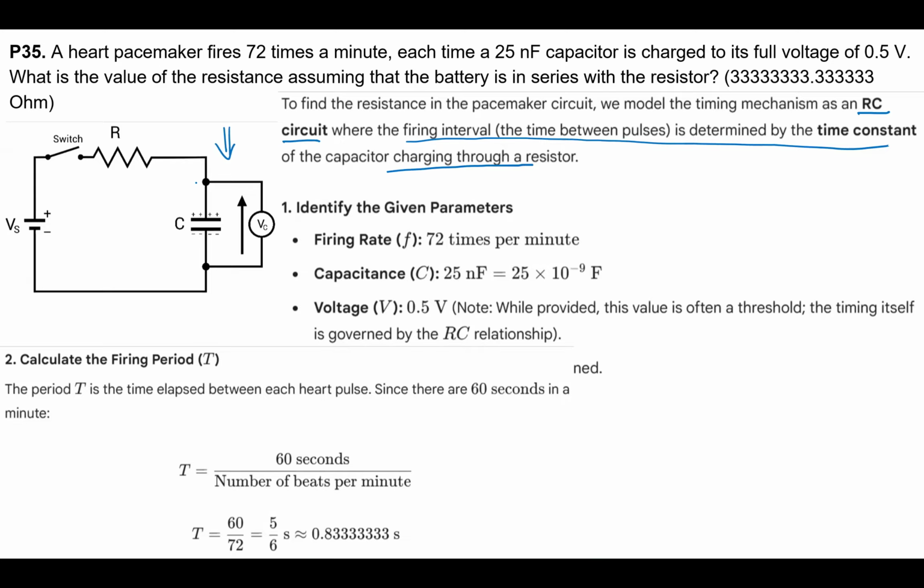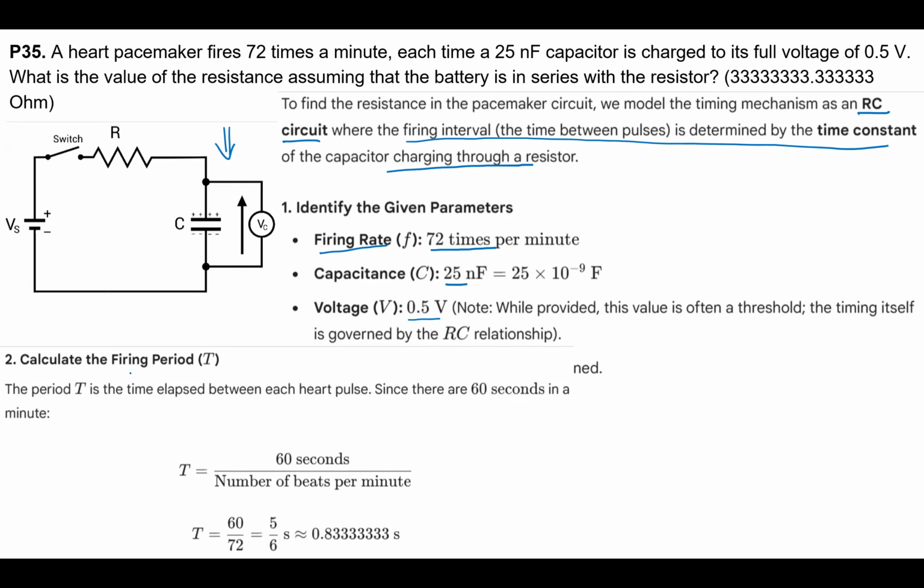Okay, so it takes a certain time to charge and then fire, and then it is discharged. Then it takes a certain time to accumulate charge on the capacitor and then fire, and that's the way it is. So the firing rate is 72 times per minute, and capacitance is given. Voltage is given. Okay.